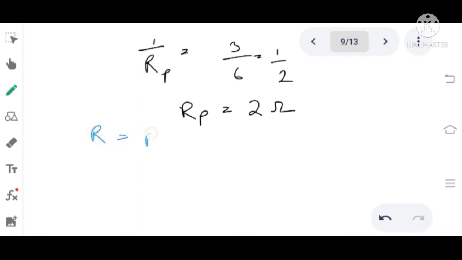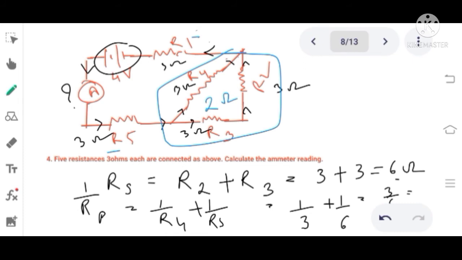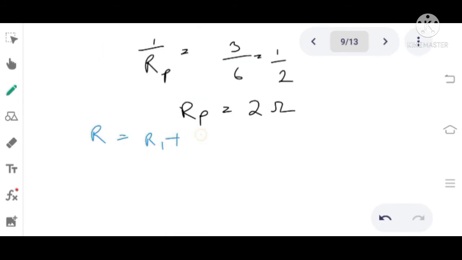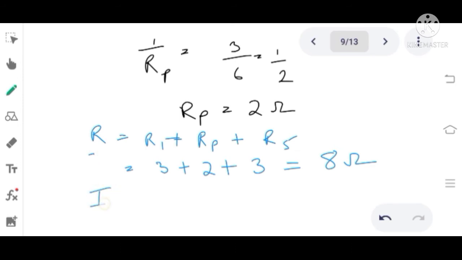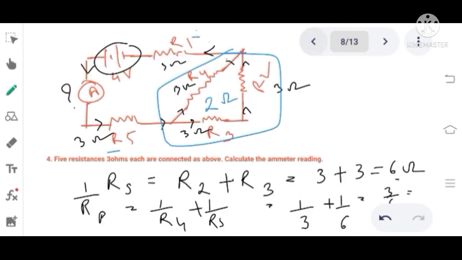So the final equivalent resistance is R1 plus the network, that is RP, plus R5, all in series, which is 3 plus 2 plus 3, which gives you 8 ohms. So the equivalent resistance in the whole circuit is 8 ohm. So instead of the whole complex circuit, you can just use one single 8 ohm connection. Current I is equal to V by R, Ohm's law. V equal to IR, I equal to V by R.